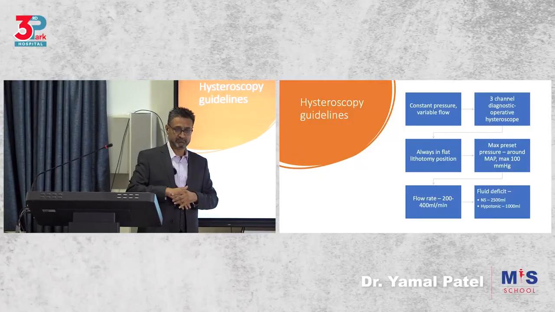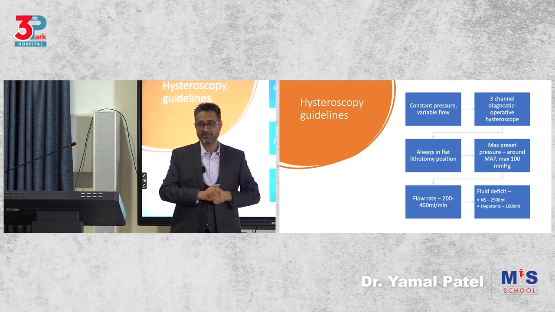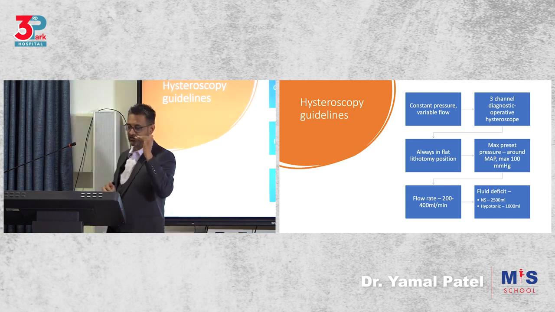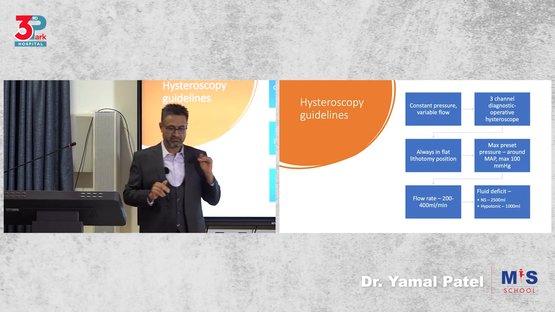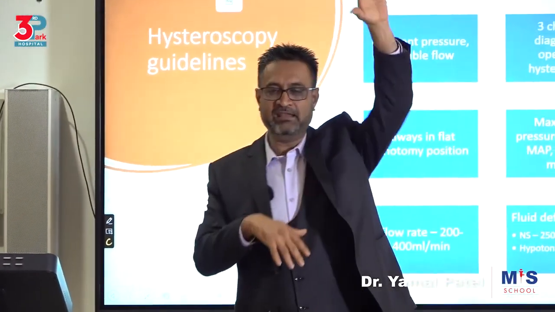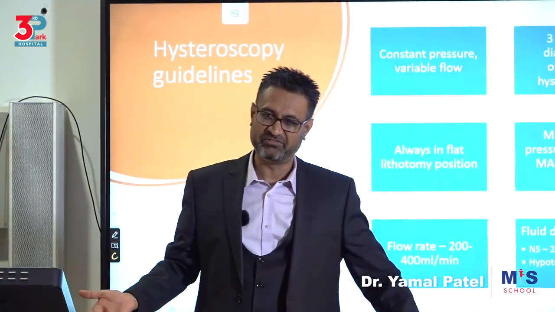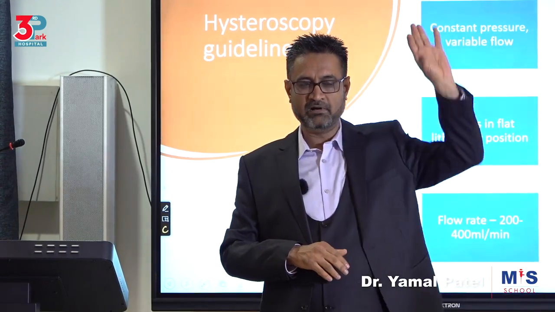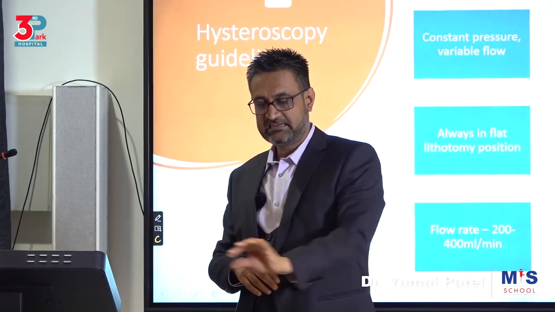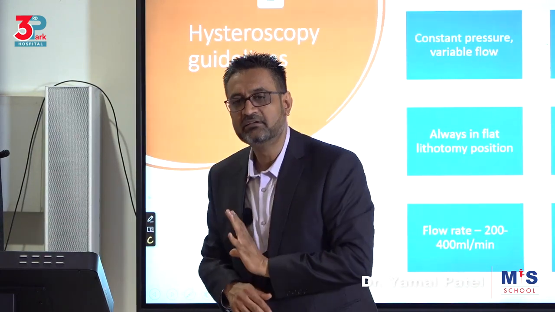The basic guidelines on hysteroscopy. Number 1, remember you're going to be working with a constant pressure, variable flow system. So what does that mean? When you use saline in a bag and have gravity, it can work for diagnostic procedures, people do it. But remember, that is constant flow and constant pressure.